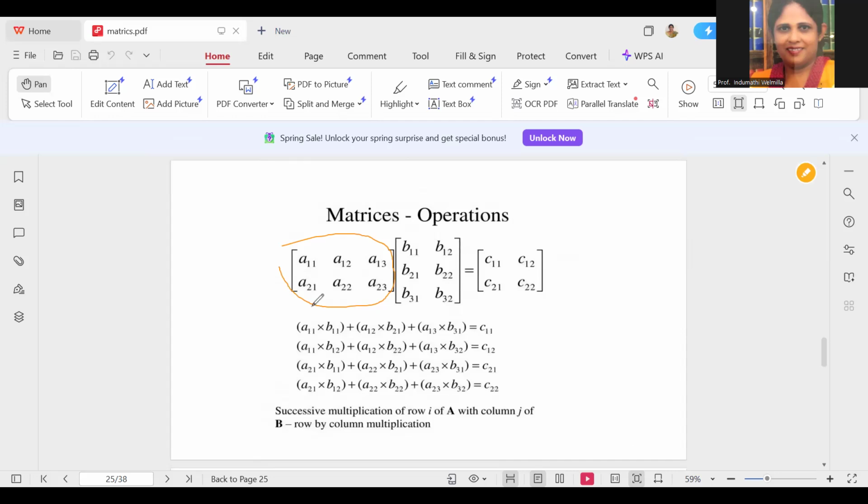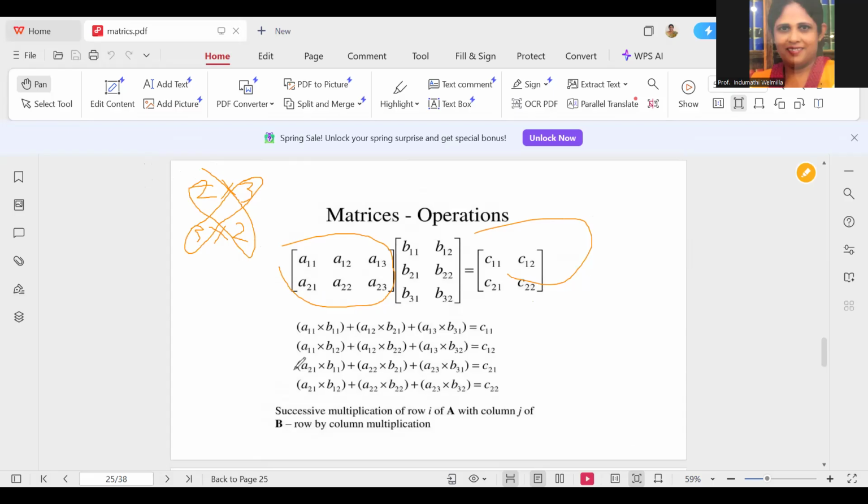Then it is possible, and the answer should be 2 into 2. The first one has 2 rows and 3 columns, right? The second one has 3 rows and 2 columns, right? So if these 2 are equal, then we can multiply. And our answer should be 2 into 2. This one, okay? So how can we multiply?